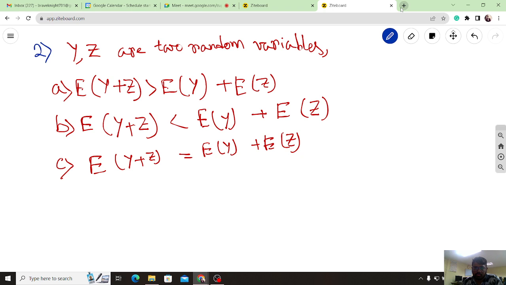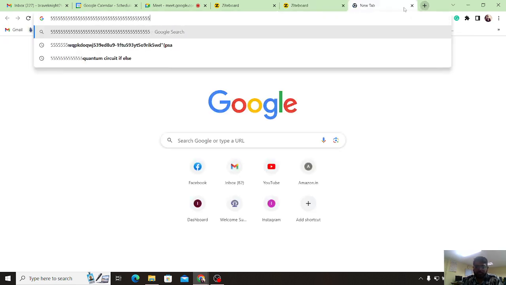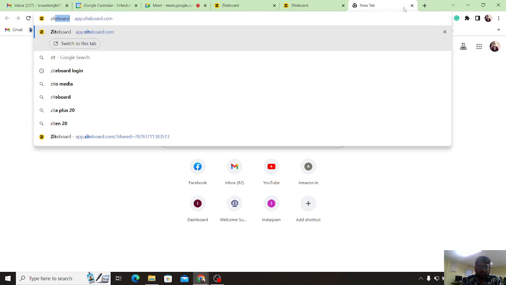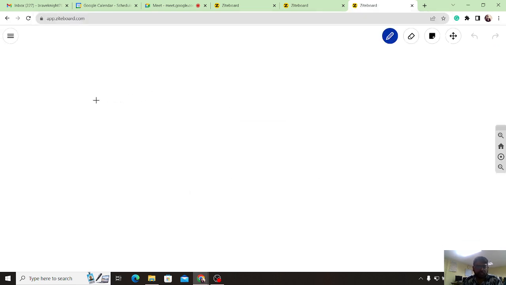So options A and C are same. It looks like greater than. Okay, fine. So it's right. Expected value of X plus Y, I write this.